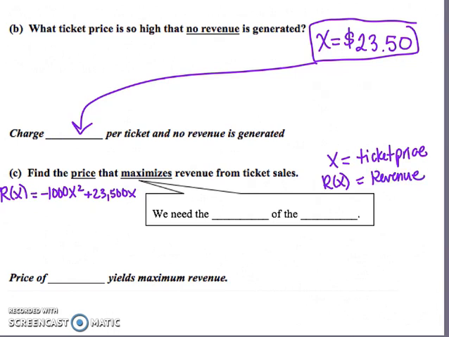So what we need to know is what is the x value of the vertex. Maximums always occur at the vertex. So I'm going to use the algebraic method. The x is the opposite of b over 2a. So this is negative 23,500 divided by 2 times negative 1,000.